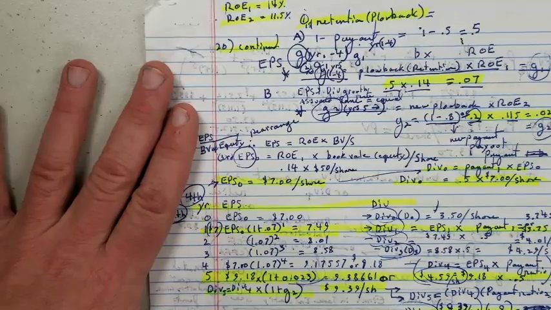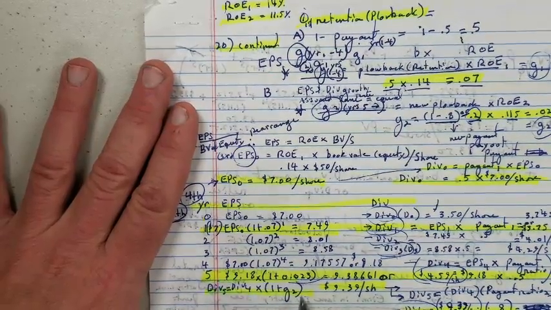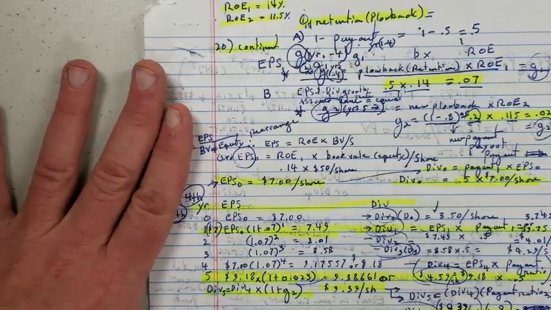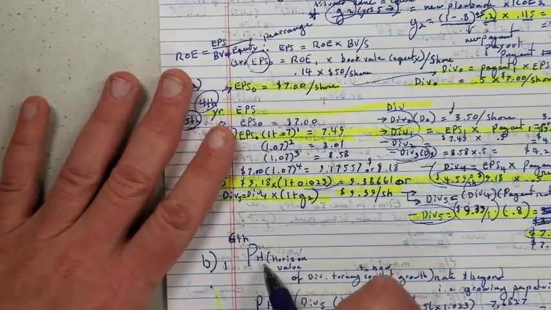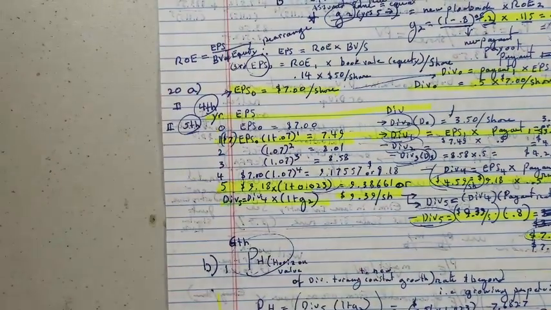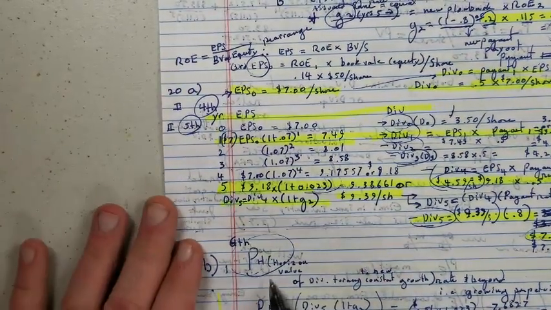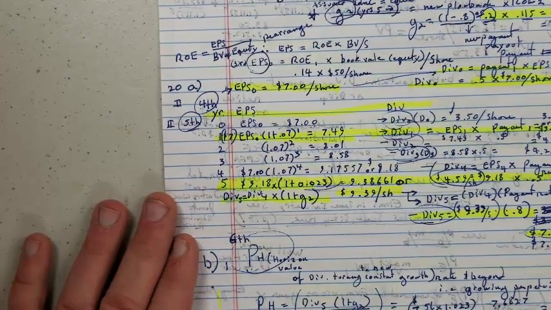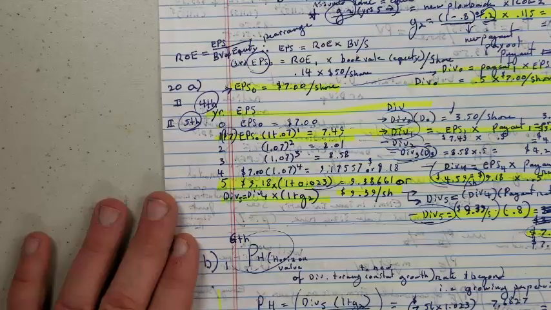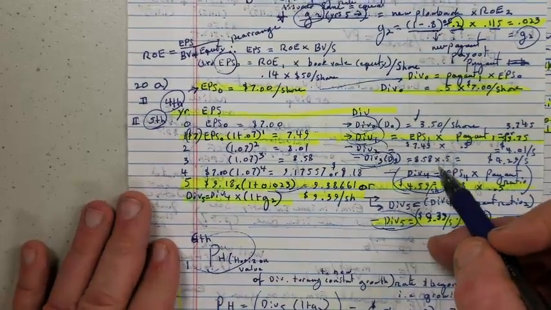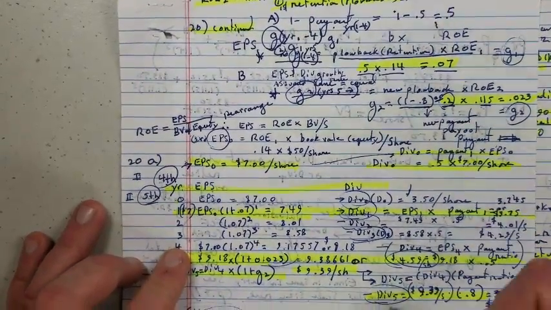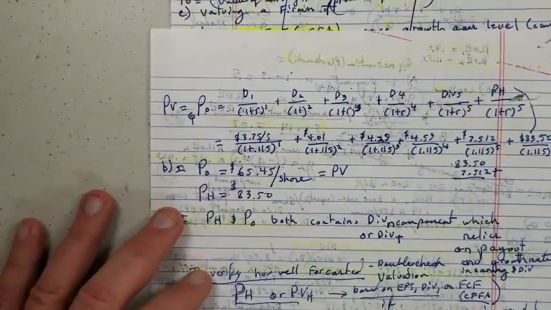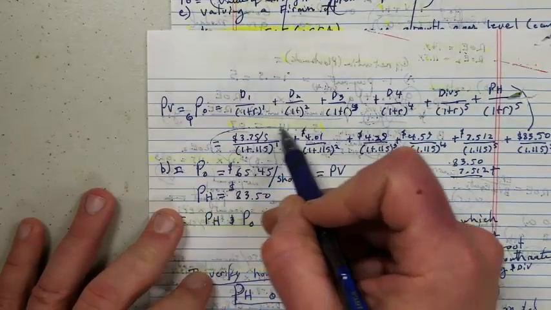That's G2. And we can apply it on the earnings per share and on the dividends per share. Then the next step is we will solve for the horizon value. After we do that, we can discount everything back, including the dividends that we've calculated right here, and we will end up with everything solved.